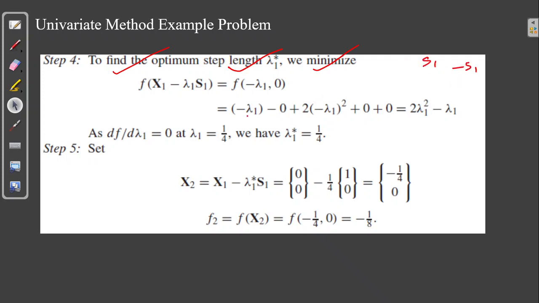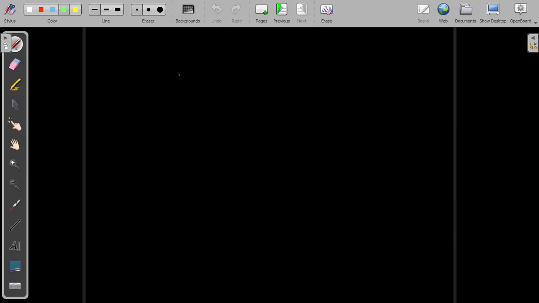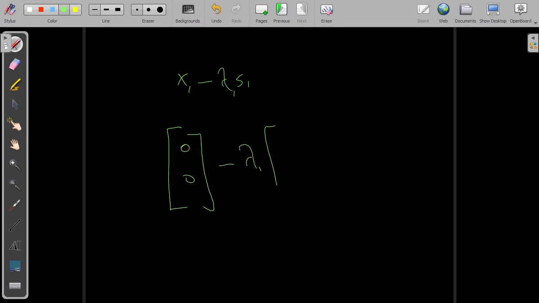So our equation will be f of x1 minus lambda 1 s1. Think like this: x1 minus lambda 1 s1 means x1 is your 0, minus lambda 1 times s1, which is (1, 0).